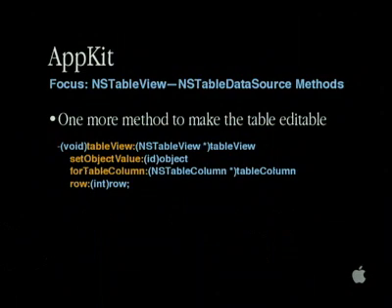But how does the table view actually know whether you've implemented this method or not? Well, once again, it uses introspection. It will actually query your object at runtime, ask it if it implements this method, and if it does, it will be called. If not, it won't, and the table view will automatically enable or disable user editing based on whether you have this method.